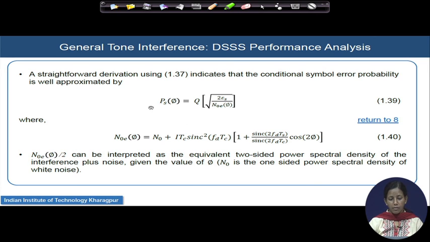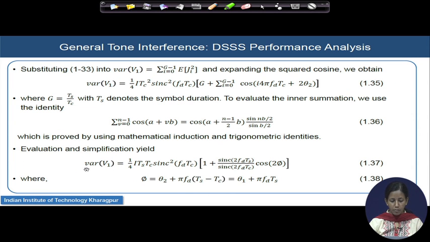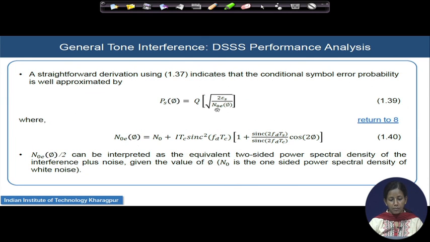In a straightforward derivation, the conditional error probability Ps is given by a Q function, where the symbol energy by the total noise power spectral density is given. If we utilize equation 1.37, where we ended up with the computation of the variance from the jamming signal, and substitute, we get an expression for the power spectral density contributed by the combined effect of the noise as well as the jamming signal.